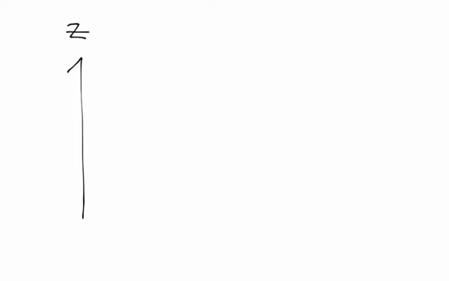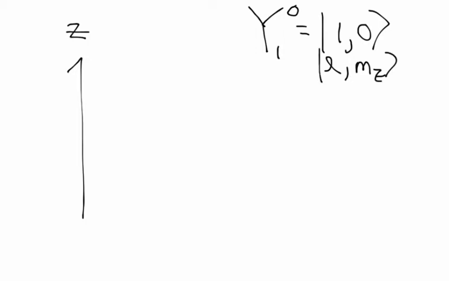the z-axis. And just to pick an example, we'll start by discussing what the wave function for Y10 looks like, the spherical harmonic 10, which you can also write in the bracket notation because there's a one-to-one relationship between the function as a function of theta and phi and the quantum numbers L and m sub z.